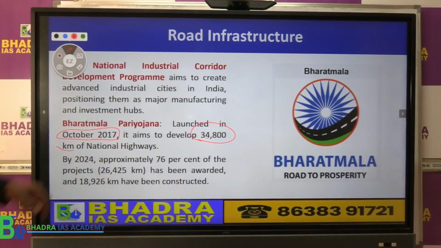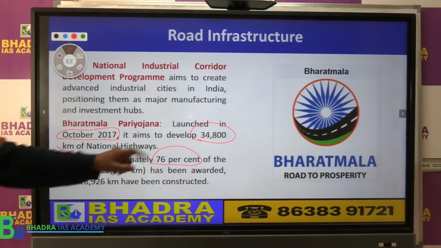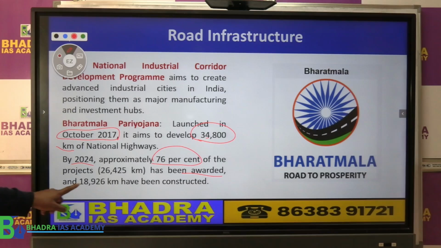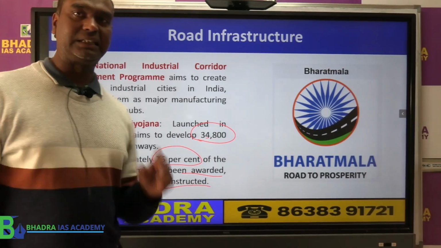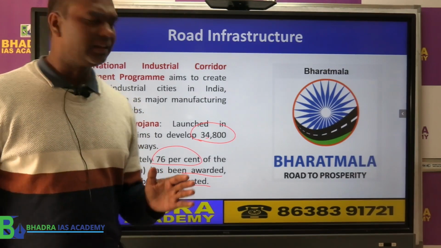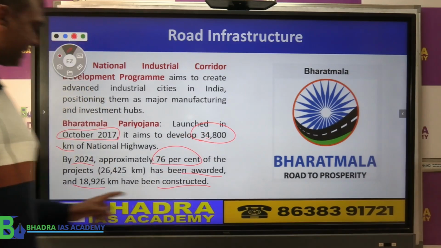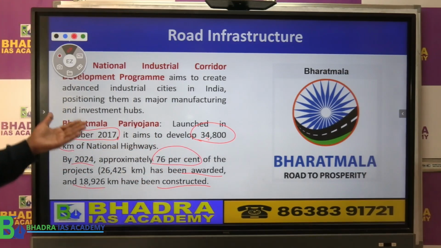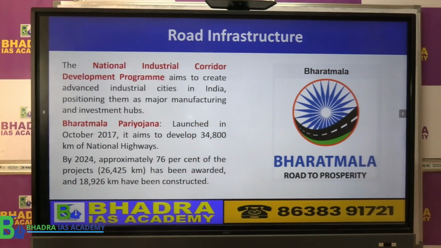By 2024, approximately 76% of these projects have been awarded and 18,000 kilometers have already been constructed. That is a little less than even 50% of the 34,000. This is the update you find in the economic survey.